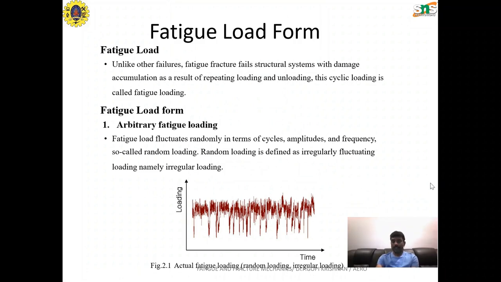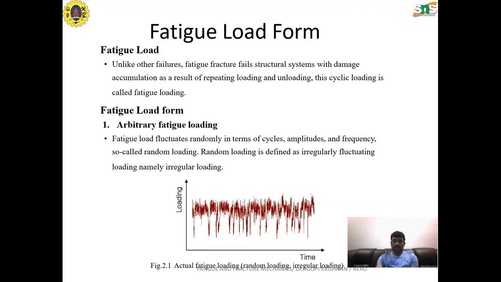If you see the graph between the loading and the time, there is going to be a phenomenon of loading and unloading that occurs over the material in a random, arbitrary fashion. Such loading is termed arbitrary fatigue loading.